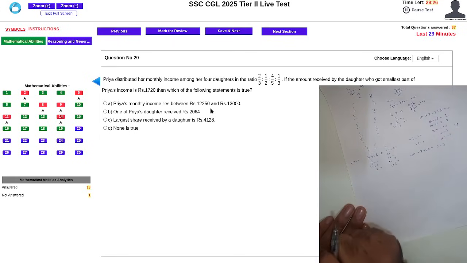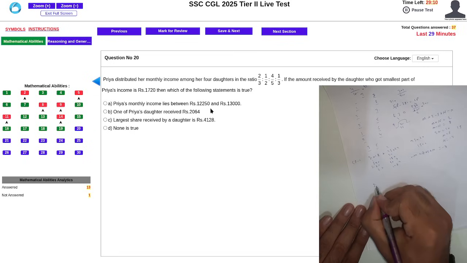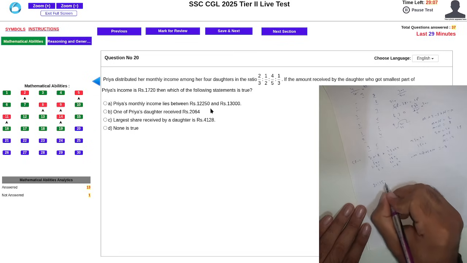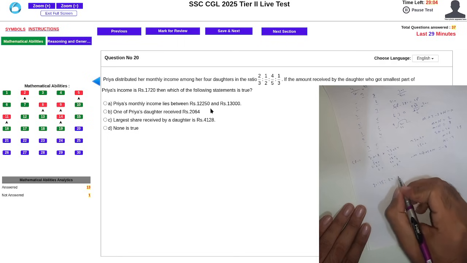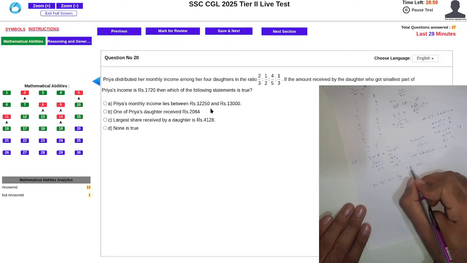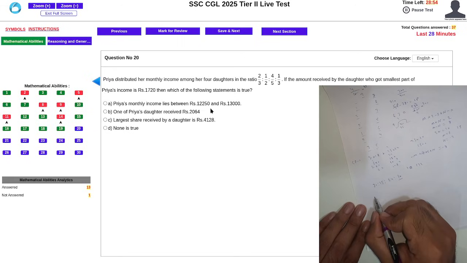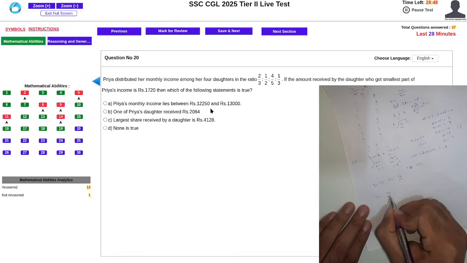The monthly income is distributed among 4 doctors in the ratio. 10 plus 30, 30 plus 20, ratio 15, ratio 6, 24, ratio 10, so 172x is equal to 192. Priya's monthly income lies between 30, 45, 69.